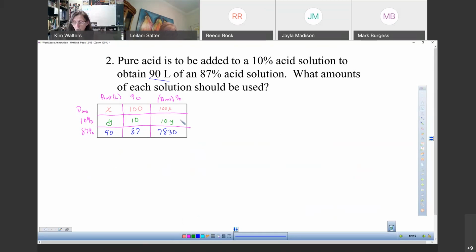All right, so I have my box completely filled out. And now I need you to write your two equations. Okay, I'm going to give you just about a minute to see if you can write your two equations that we're going to use, and then we'll solve that system of equations. Remember from the previous problem, which columns are going to produce for me equations?